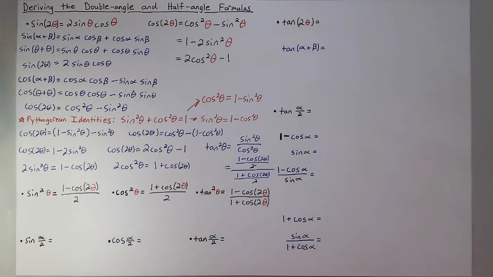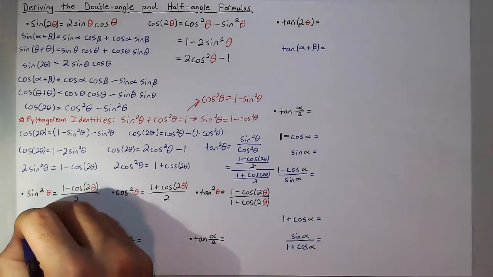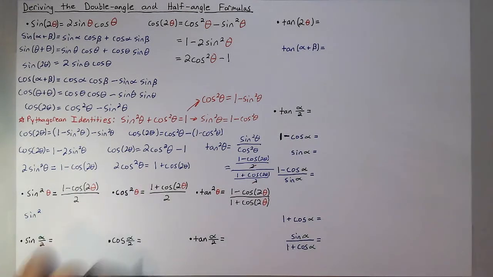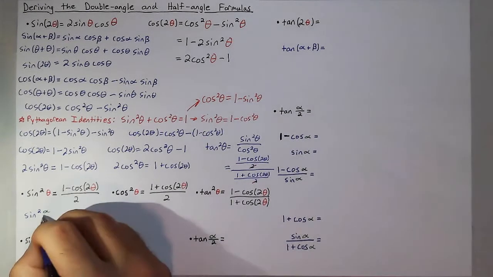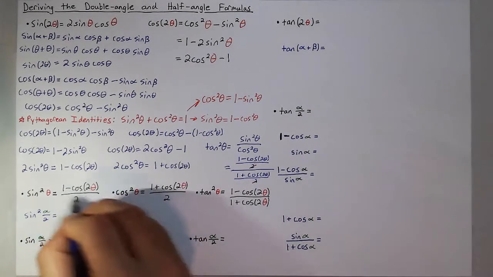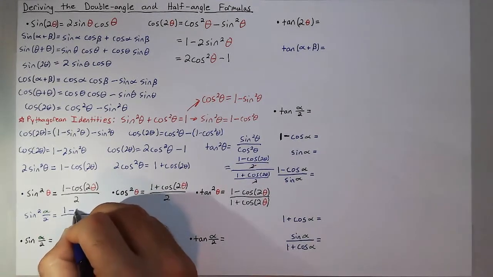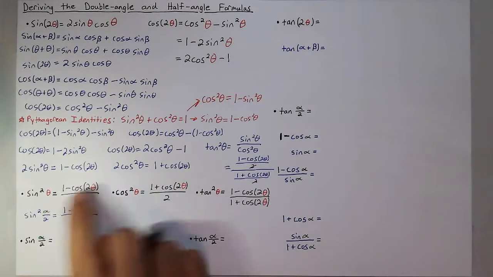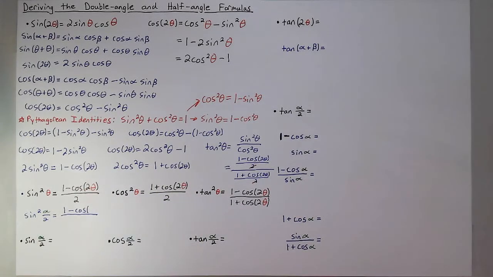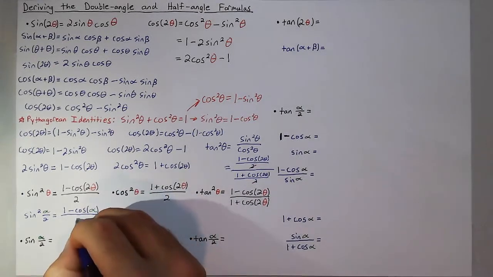Meaning, if I were to take sine squared of theta and replace it with sine squared of alpha over 2 instead, the formula over here becomes 1 minus cosine of 2 times alpha over 2, which is just alpha by itself, all over 2.